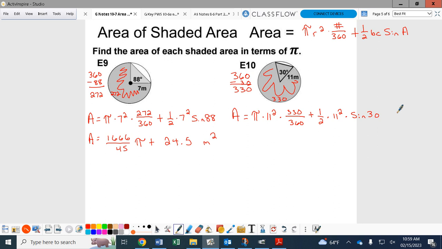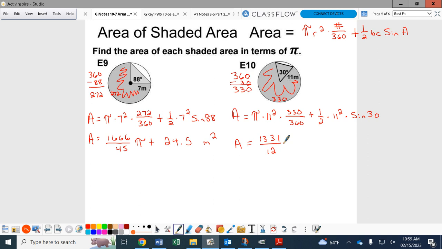Nicely done. Okay, guys, I don't have the answers for this one, so I don't know whether this number's nice or ugly or anything else. Is this ugly? Y'all are making faces. What is 11 squared times 330 fraction by 360? What's that fraction? 31 over 12. I have to type it because I've got people making faces at y'all. Let me type it. Y'all know I'll back you up and see if you're right.